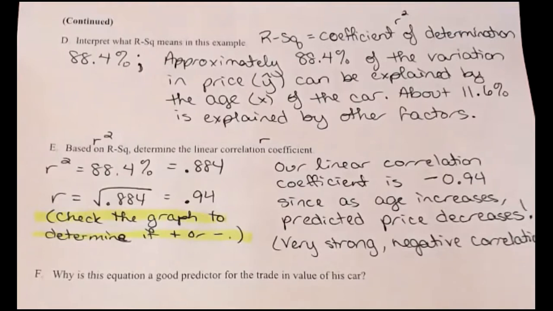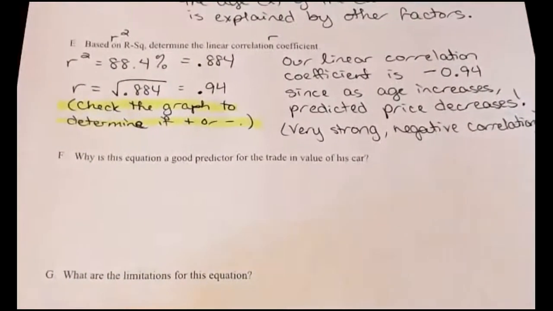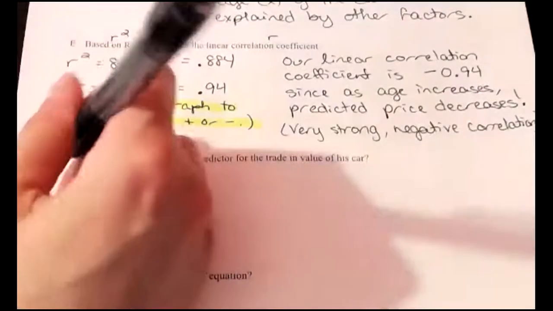Part F asks us, why is this equation a good predictor for the trade-in value of the car? Essentially it's the same reasoning as part D, but I'm going to write out what you should have here.